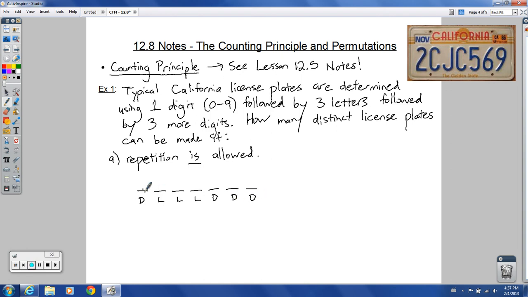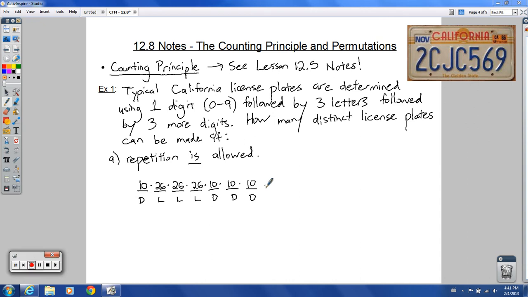How many digits are there to choose from? There are 10. How many letters in the English language are there to choose from? 26. And so we can reuse the letters. It's going to be 26, 26, and 26, and we'll have 10, 10, and 10, and 10.